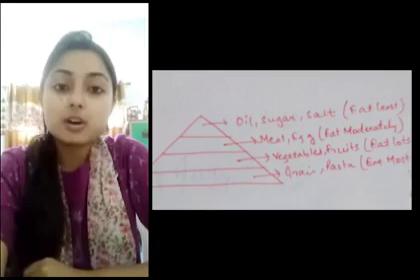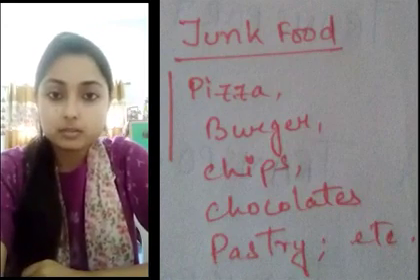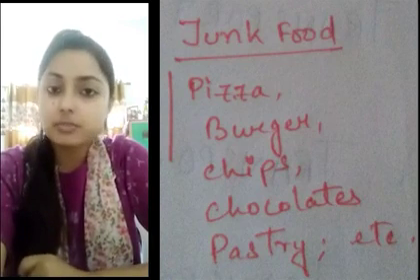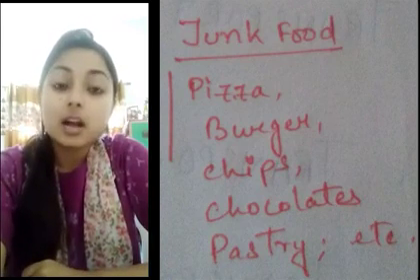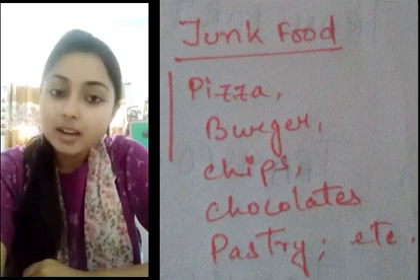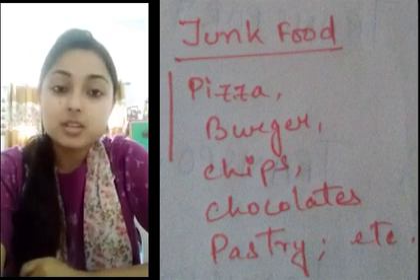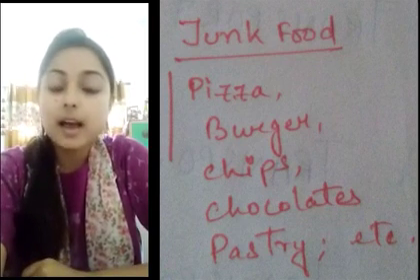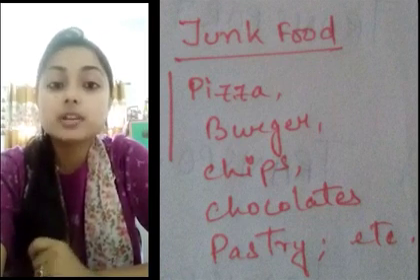Now we shall talk about a very common topic, junk food. How do you define junk food in a word? Unhealthy food. Why unhealthy food? Because these foods are high in fats and sugar, and they have low nutrient content.